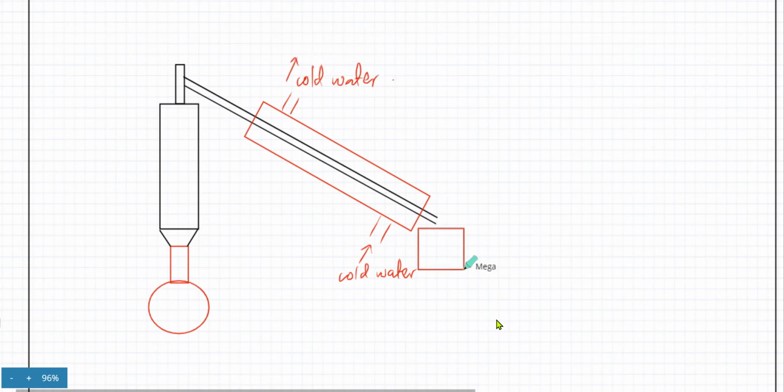Everything is pretty much the same, and there's going to be a container, and remember the container should be open. It shouldn't be closed. Now, this fractionating column has a large surface area.